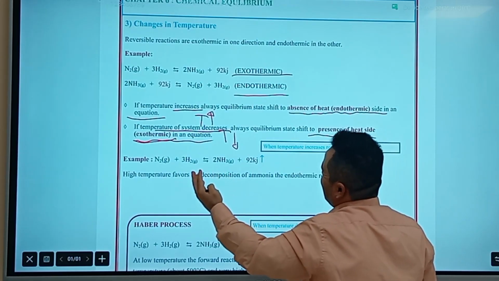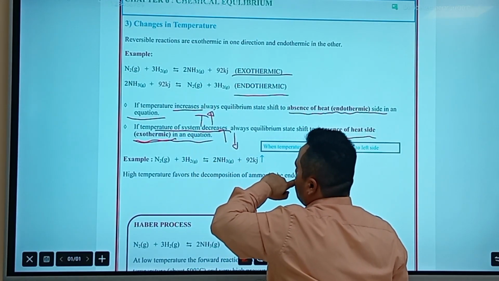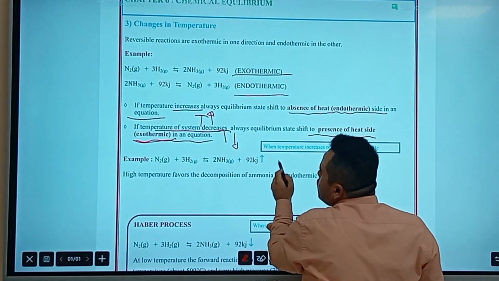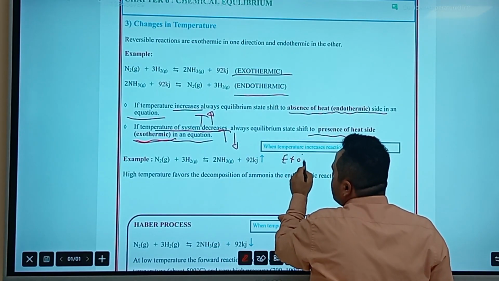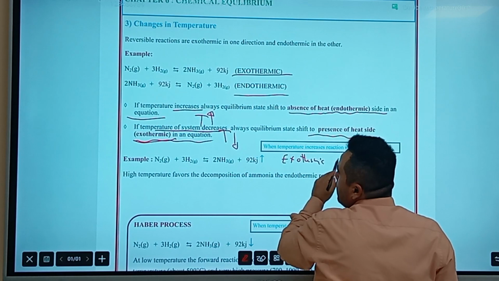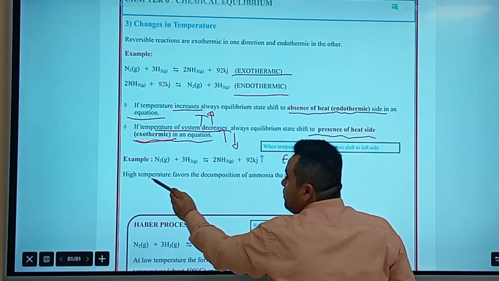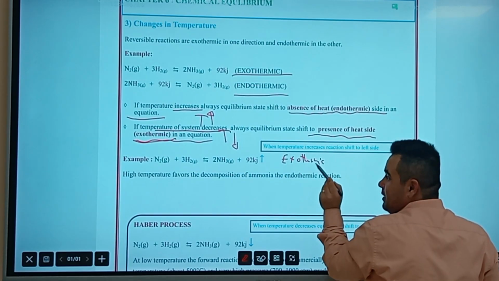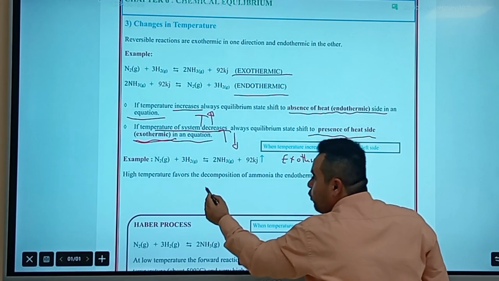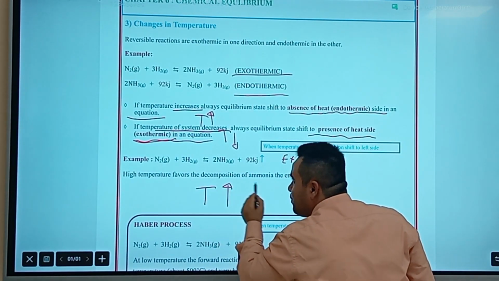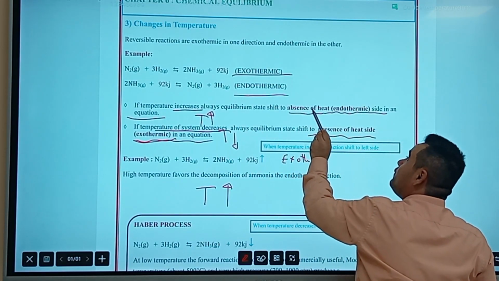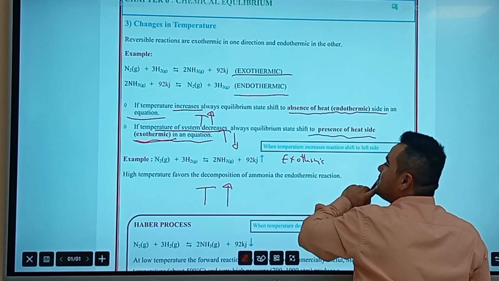What do we mean by this, guys? Let us apply on the above equation. This is the equation which is given. Here this equation is exothermic. High temperature favors the decomposition of ammonia, the endothermic reaction. When we increase the temperature, we said increasing temperature shifts the reaction toward the endothermic side.